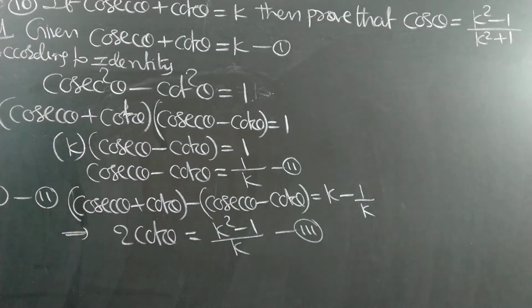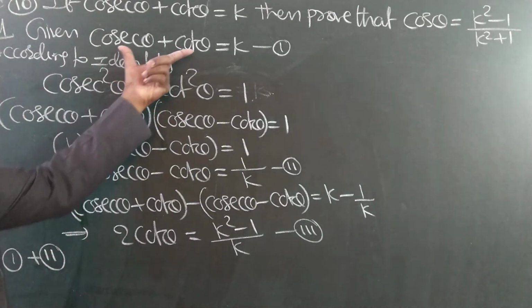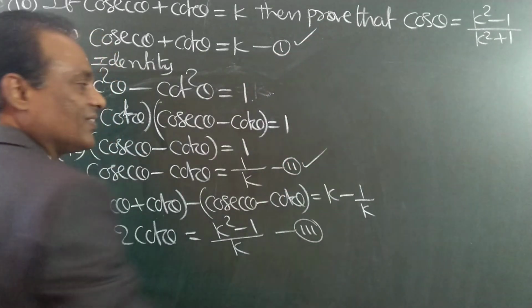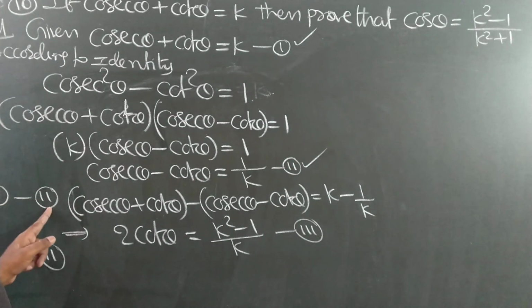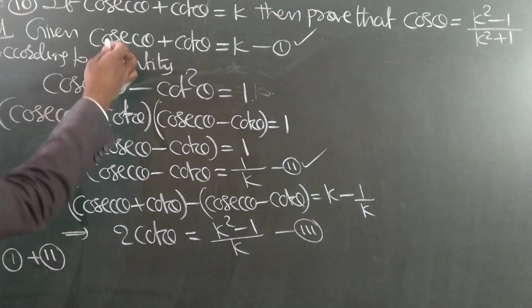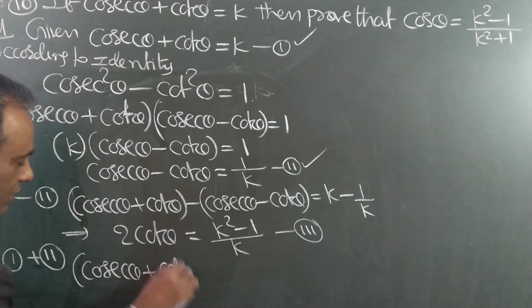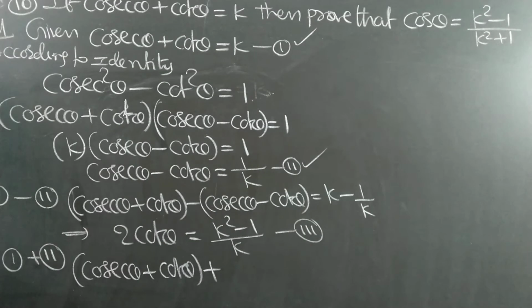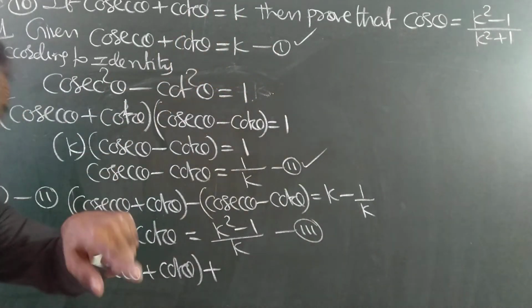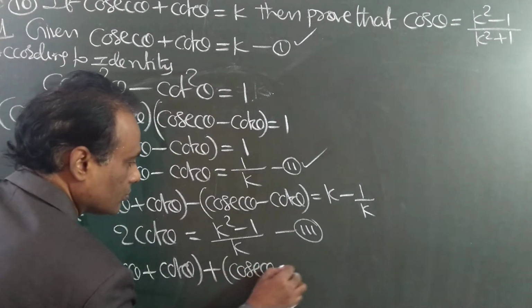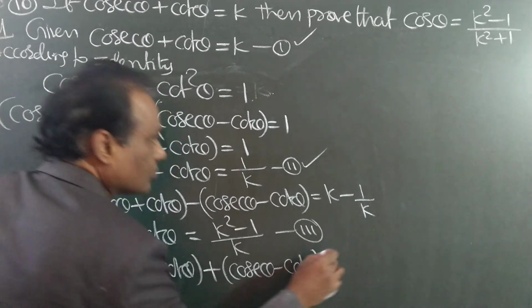Now one more idea you have to get: first equation plus second equation. Adding these two. Previously I subtracted, now I am adding. Cosecant theta plus cot theta plus cosecant theta minus cot theta.